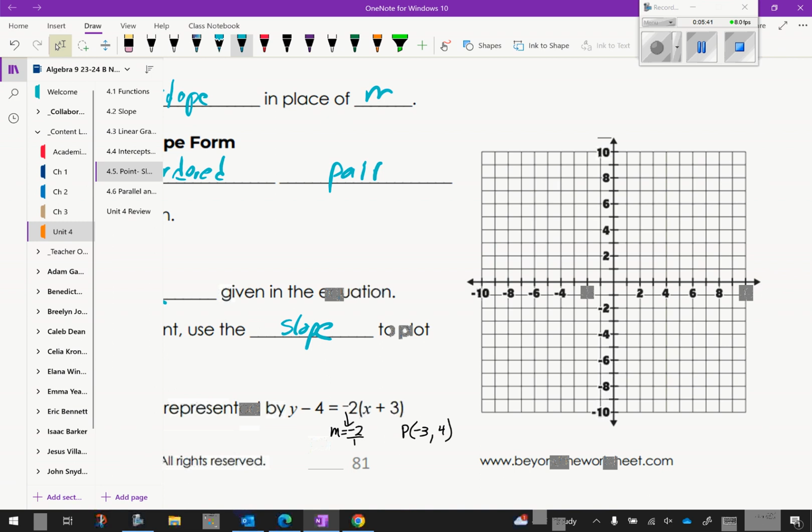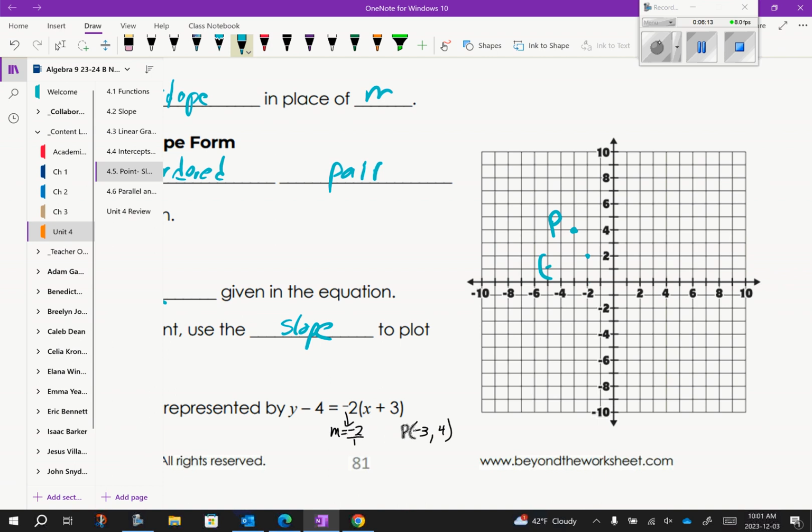So we go ahead and plot the point negative 3, 4. Remember, if the x is negative, that means 1, 2, 3 spaces left. The y coordinate is positive, so we go up 1, 2, 3, 4. Here's the given point graphed on our grid. Now the slope is negative 2 over 1. So I could either come down 2 spaces and go 1 to the right.